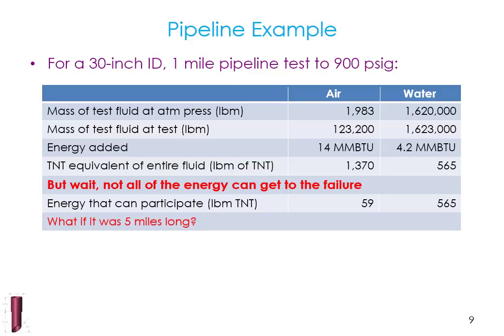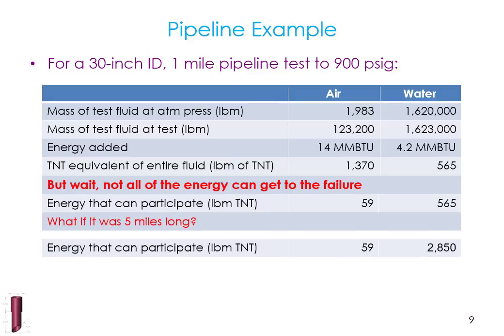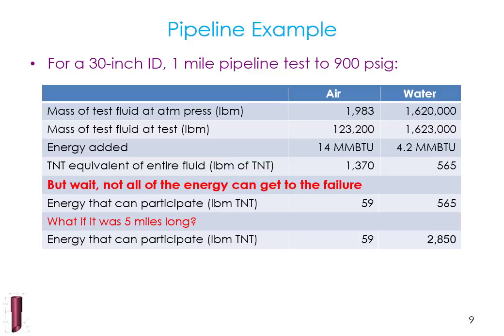What if the line was 5 miles long instead of 1 mile? The energy that can participate is still 59 pounds of TNT for the air, because that's all the mass that can get to the failure in 50 milliseconds.